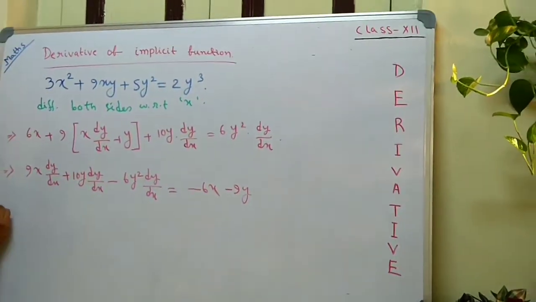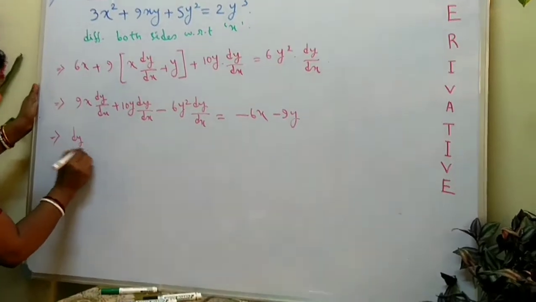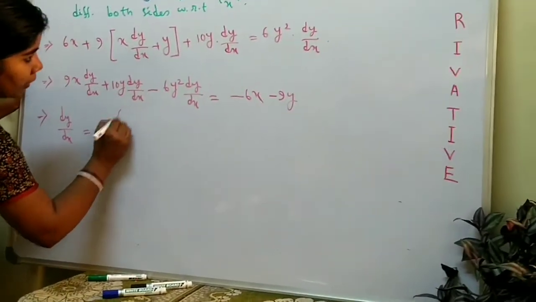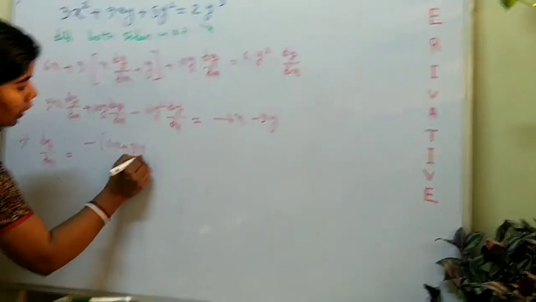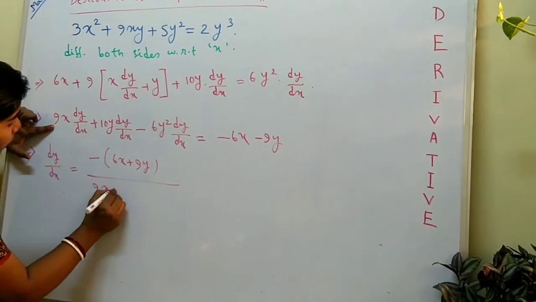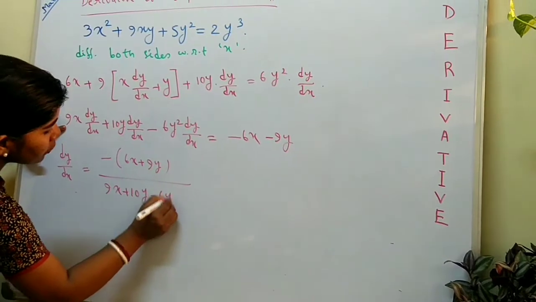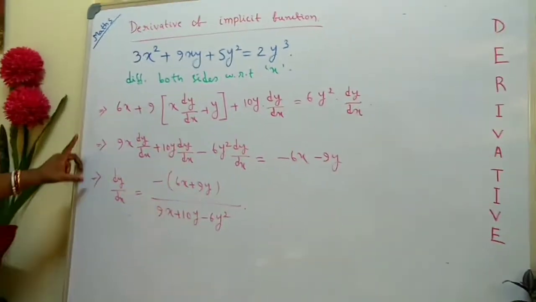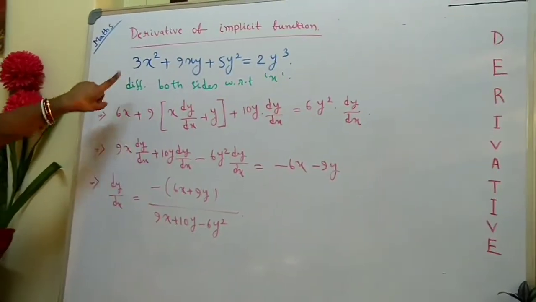So what is the value of dy dx? Dy dx equal to minus 6x plus 9y divided by 9x plus 10y minus 6y square. So this is the derivative of y from this implicit function.